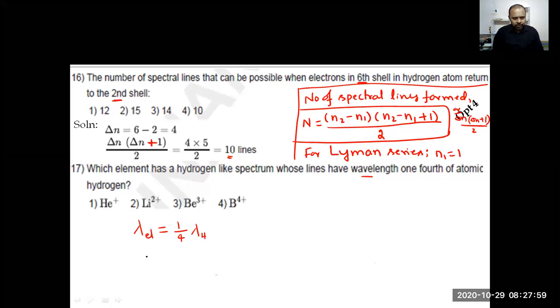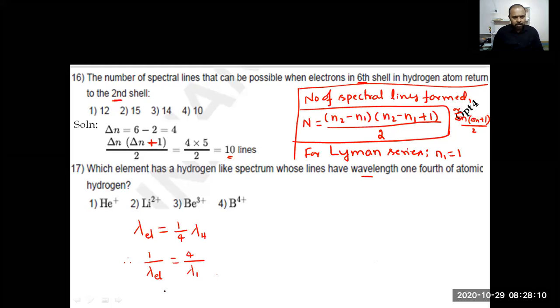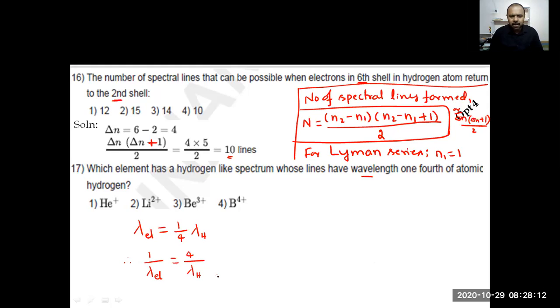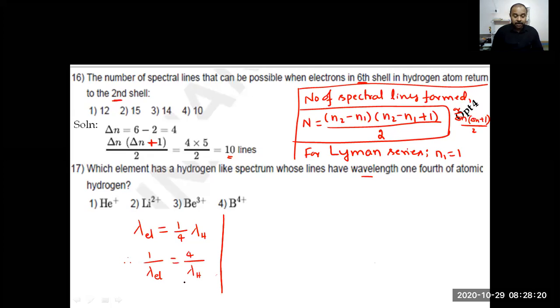Take the reciprocal. Therefore, 1 by lambda of the element is equal to 4 divided by lambda of hydrogen. But what is 1 by lambda? R into 1 by n1 square minus 1 over n2 square. 1 by lambda is nu bar.